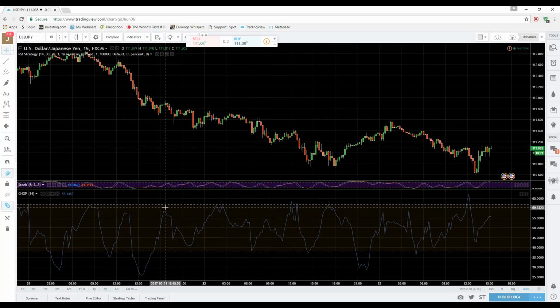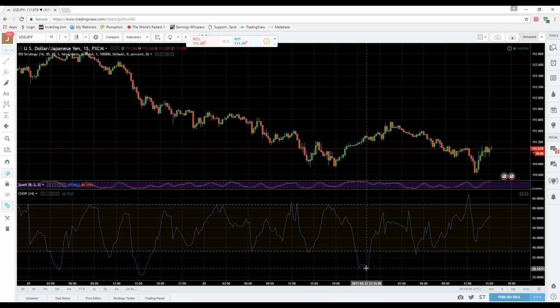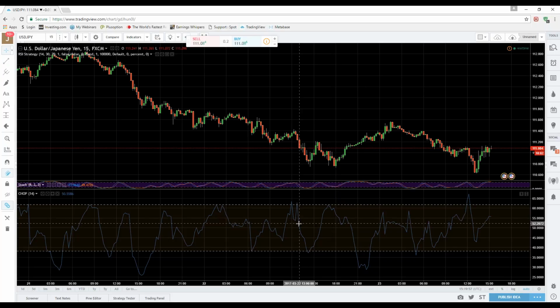So we have our two levels, 62.8 and 38.2. We are looking first for less choppy conditions. Now, something I've noticed, and this is my favorite way to use this indicator, is a combination of the two strategies I just spoke about.